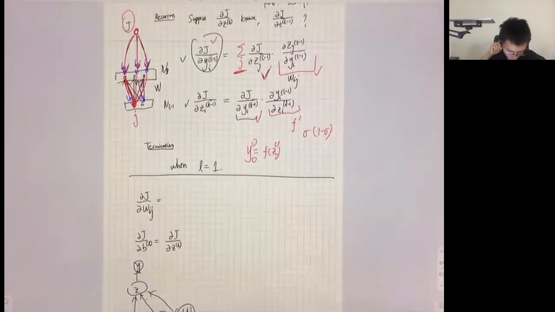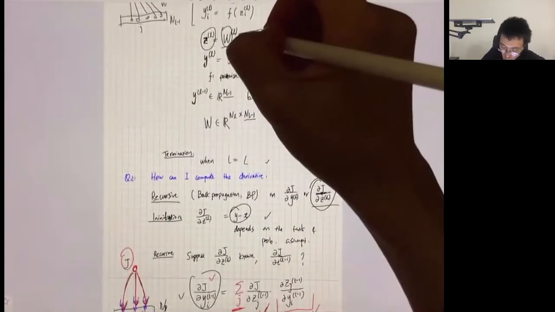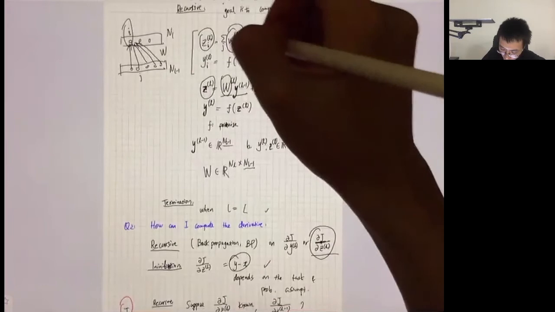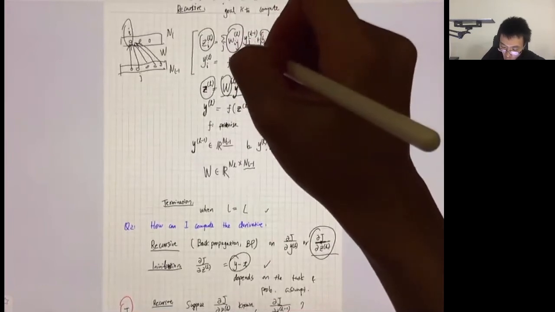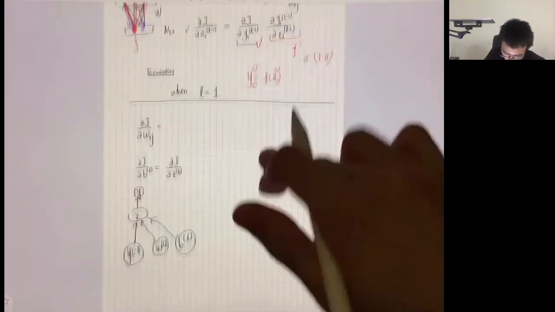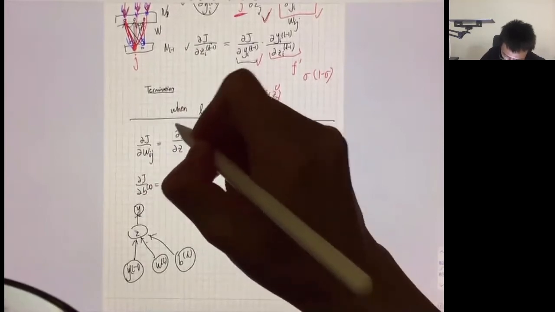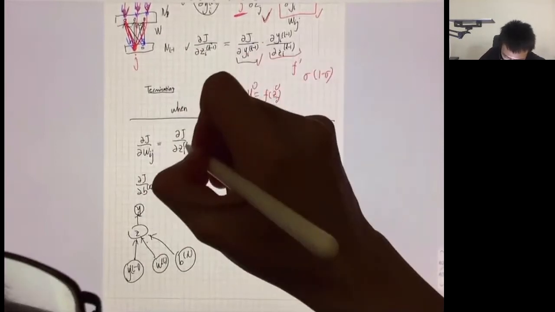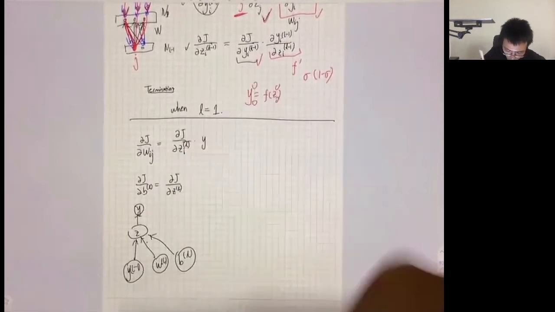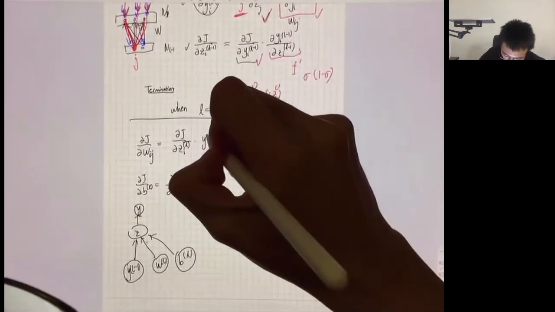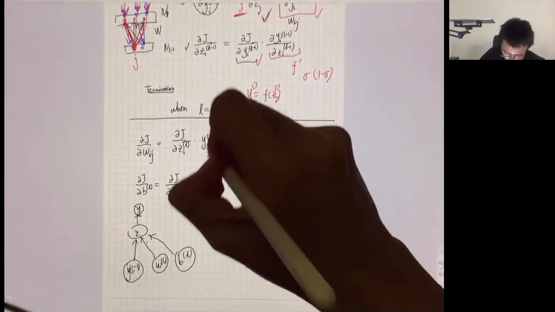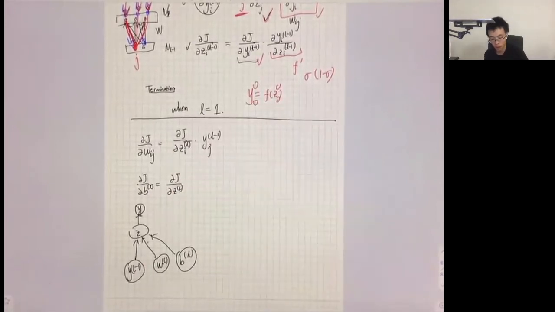I have the Wij, which is actually multiplied by Yi, okay, the lower input. So it's the partial derivative of J with respect to Z upper layer I, okay, for the lower L times the lower layer's output, which is Y, minus 1 for the Jth element, okay?